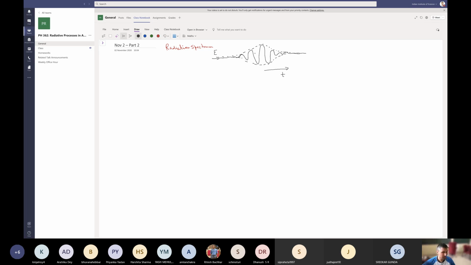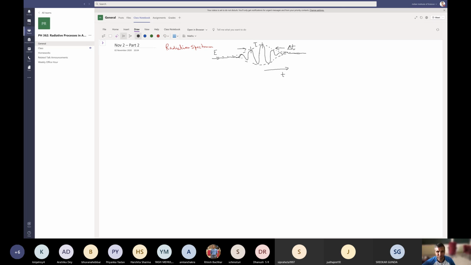So this is sort of like your frequency of variation, and this is like the time period of the wave, and the full duration of the wave packet is like your delta t, right?